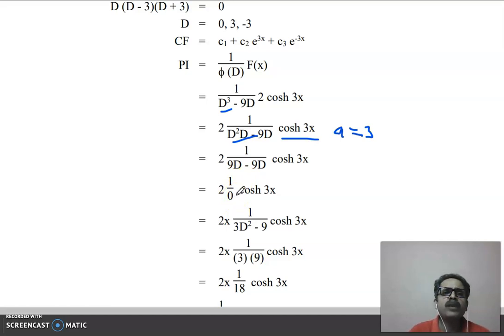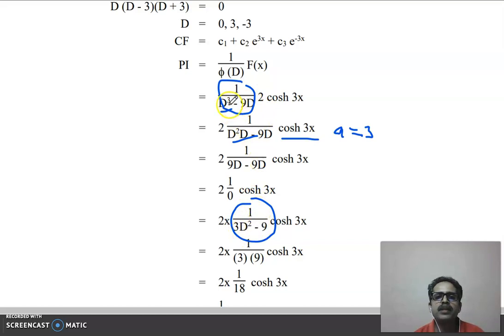And when the formula fails, we have to use a new operator. We have to write a new formula. So first we write x, then you write the new operator. This new operator is written from the old operator by changing the denominator to its derivative.